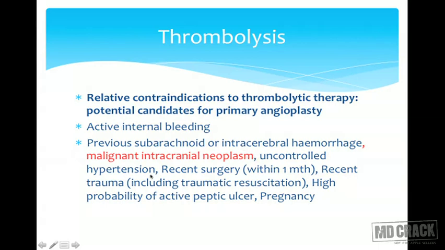Again, a question asked in MCQs very commonly. Malignant intracranial neoplasm, thrombolytic therapy is contraindicated. Uncontrolled hypertension, recent surgery within 1 month, recent trauma including traumatic resuscitation, high probability of active peptic ulcer and pregnancy are all relative contraindications to thrombolytic therapy.